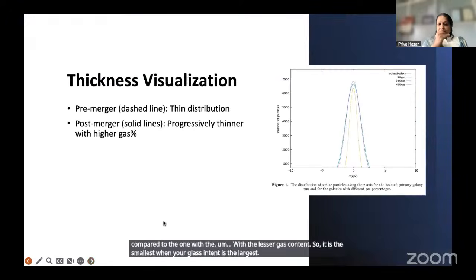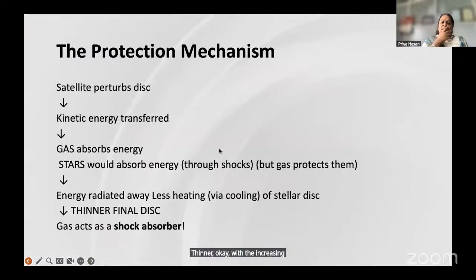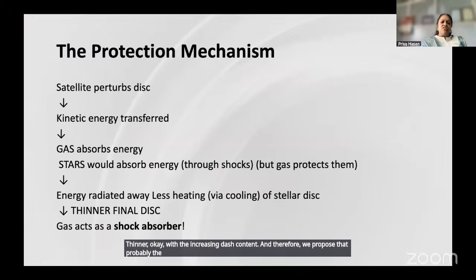Now this was an interesting thing. This graph doesn't show it too well, but it shows that if pre-merger you had a thin distribution, which is the dashed yellow line, then as you increase the gas content, it becomes thinner. And therefore we propose that the gas probably has some kind of a protection mechanism.